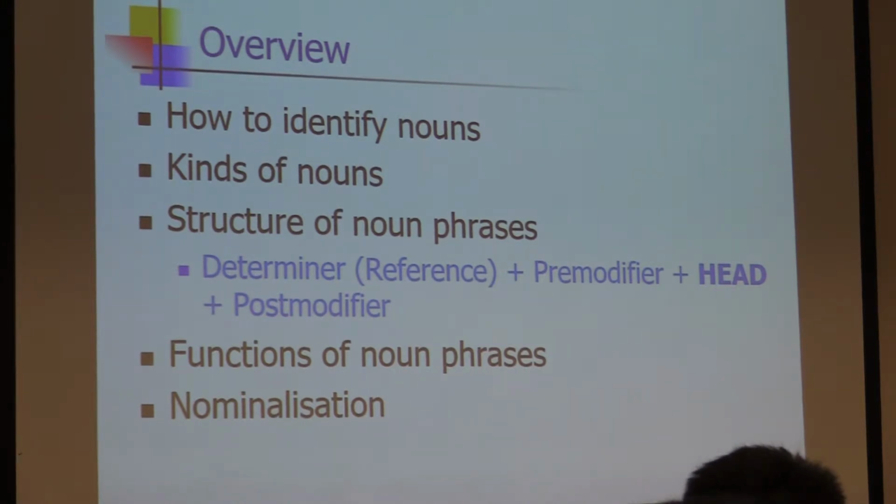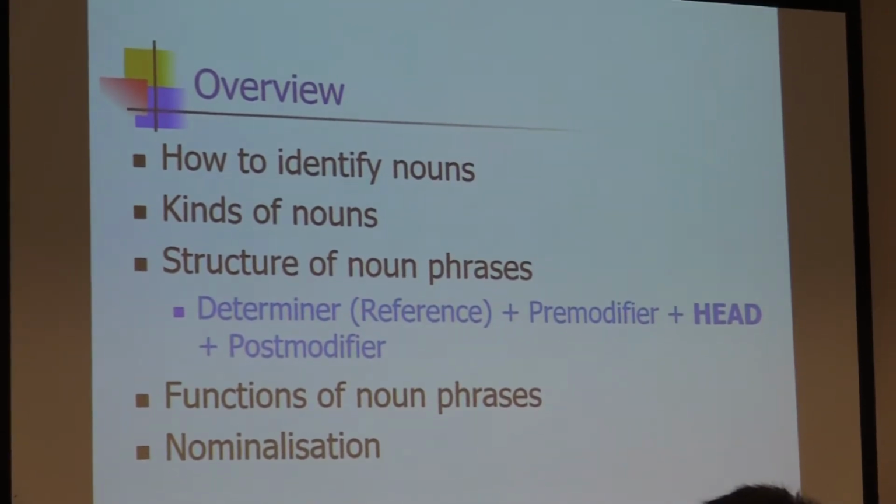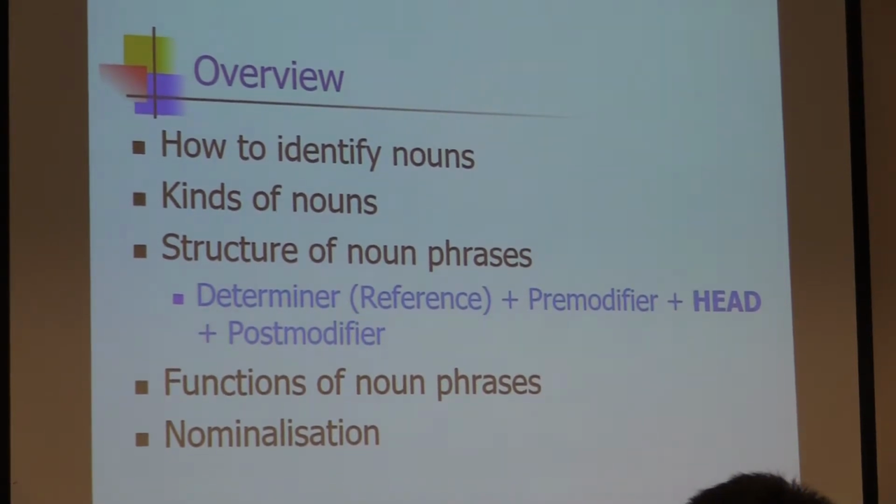But apart from articles, a and the, we also have other kinds of words that can be used for reference. To refer to closeness, what do you have? This and these. How about for something further away? That and those. For possession, ownership, mine, your, the possessive pronouns.